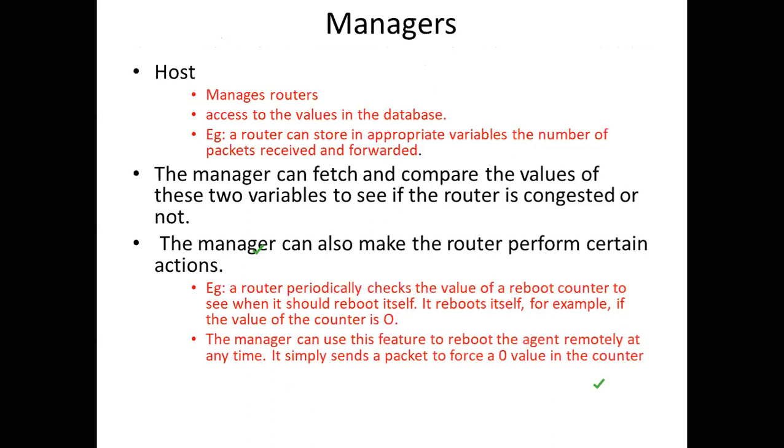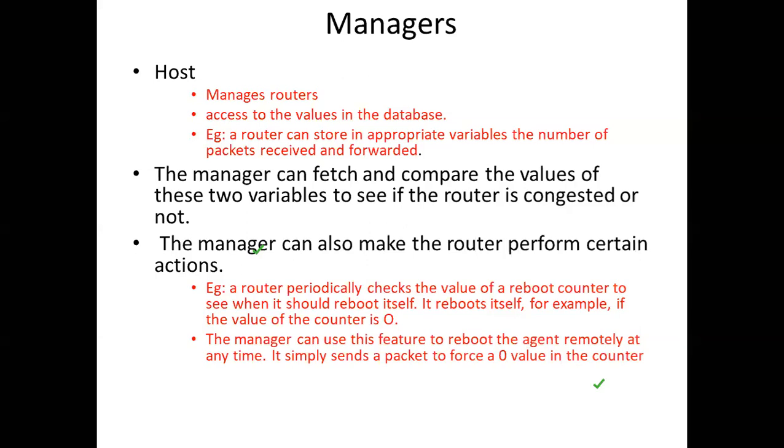Now a router or that agent can store appropriate variables. For example, it can store the number of packets received and the number of packets forwarded. You know a router, isn't it? A router is responsible for taking the data over an incoming line and forwarding it over an outgoing line. So when the packets are coming at the router, it can maintain a database where it can store the number of packets received.